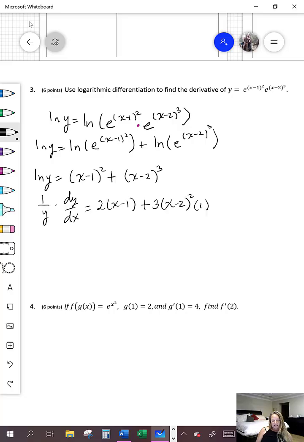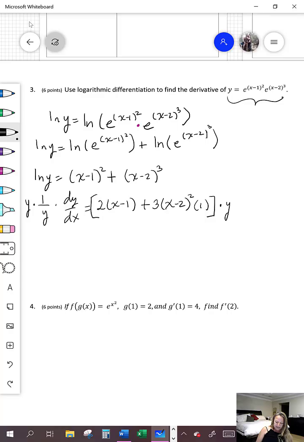We want dy/dx by itself, so we're going to multiply both sides by y. But recall, y is just this, e raised to the (x minus 1) quantity squared times e raised to the (x minus 2) quantity cubed.